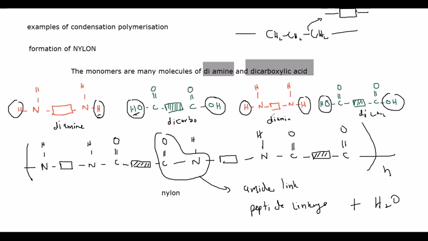It will have many molecules. Here I only drew 4 molecules, but there will be n molecules, too many molecules which join together, with the same repetition of the structure. That's why we put n here. You can see I put a bracket and write n. What does it mean? It means it continues till the nth molecule, the last molecule.